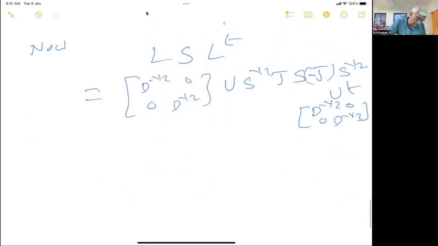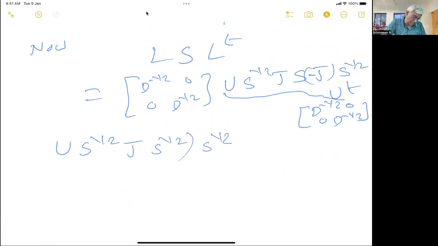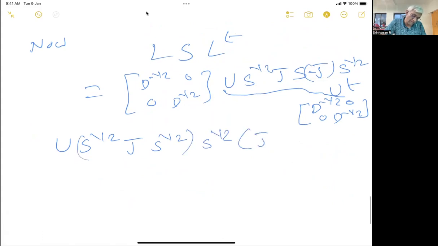Unfortunately, we have to go through all this matrix calculation. Now let's have the d power half there. Let us just compute this term. So u s power half j s power half u transpose, right?